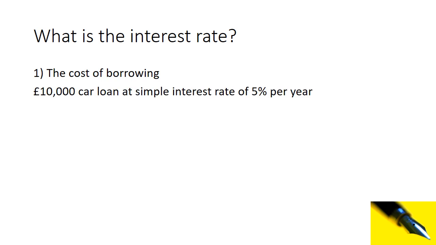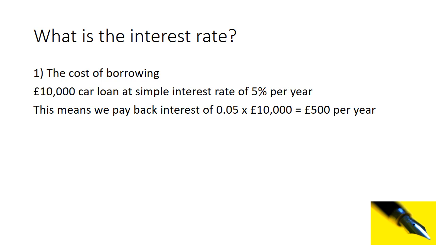out a £10,000 car loan, so we borrow £10,000 to buy our car, at a simple interest rate of 5% per year. So 5% means 5 out of 100. So to calculate the amount we have to pay back each year, if we take out a £10,000 loan, we multiply by 0.05.